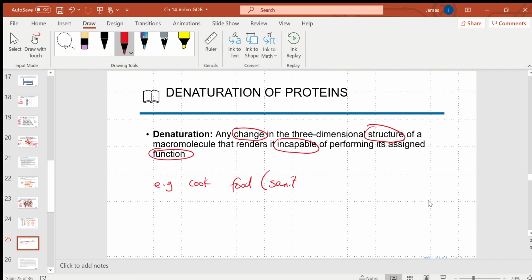That's not the only reason we cook it. It tastes better, and it is more nutrient dense. But you can sanitize food. So if there's any microbes, if there's any bacterium, for example, in your food and you cook it, you would denature the proteins of the bacterium and render the bacterium incapable of reproducing itself and making you sick.